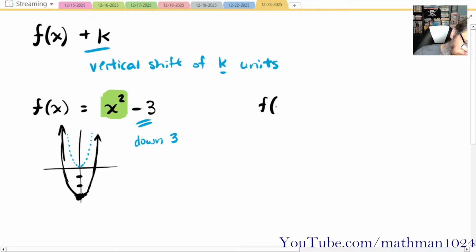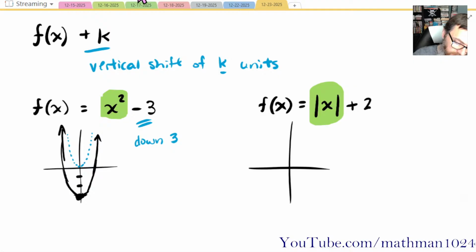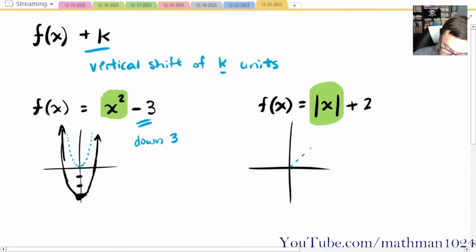If I were to look at doing, let's say, the absolute value of x plus 2, the absolute value of x has that shape that we talked about yesterday, which is just a V shape. So if I did just the basic graph here of that V shape, you've got the vertex at the origin, and you will look just like that.